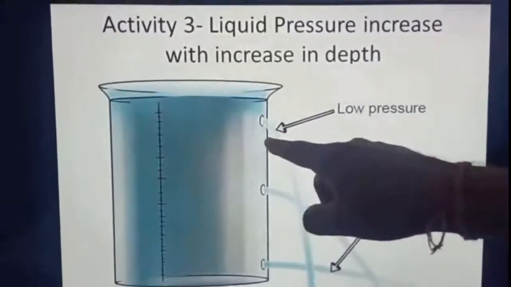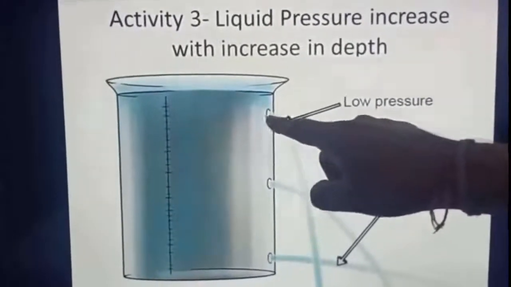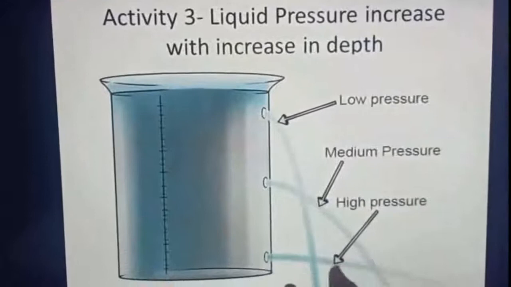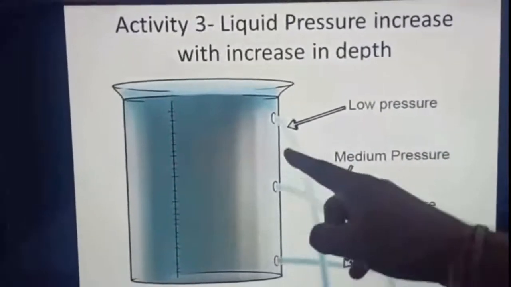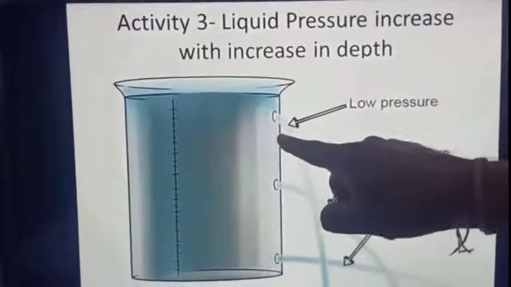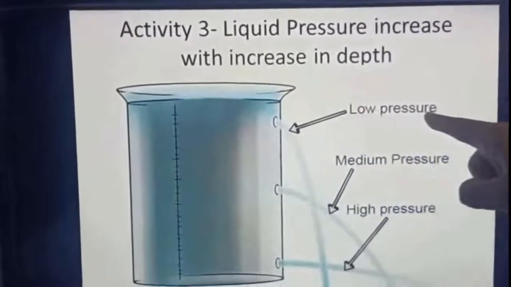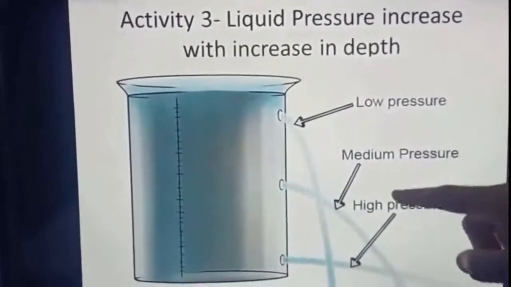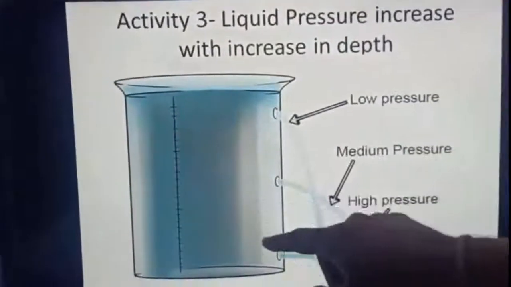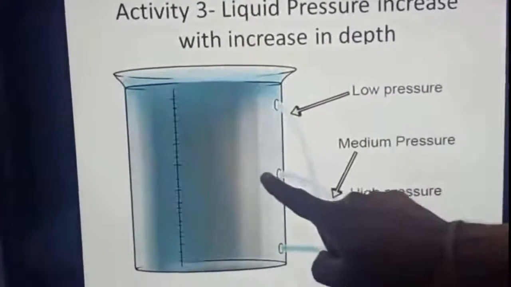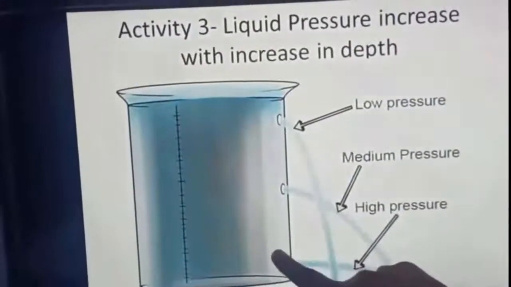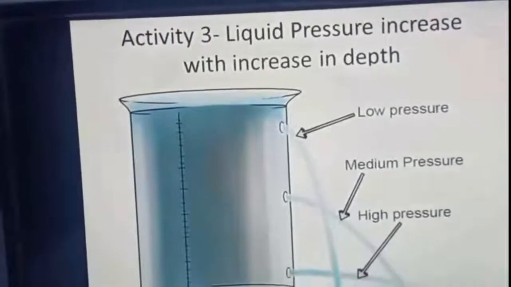And we observe water coming from the top hole covers less distance and has less speed, so it comes with low pressure. It means liquid pressure increases with an increase in the depth of the liquid.